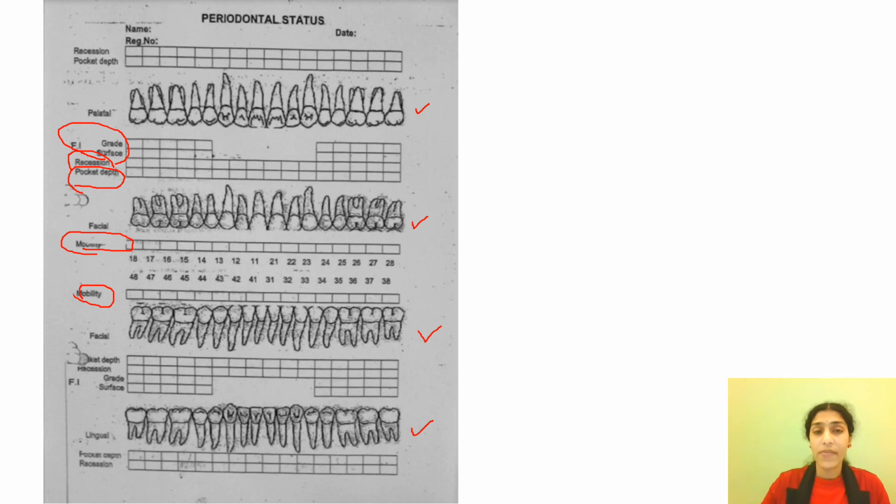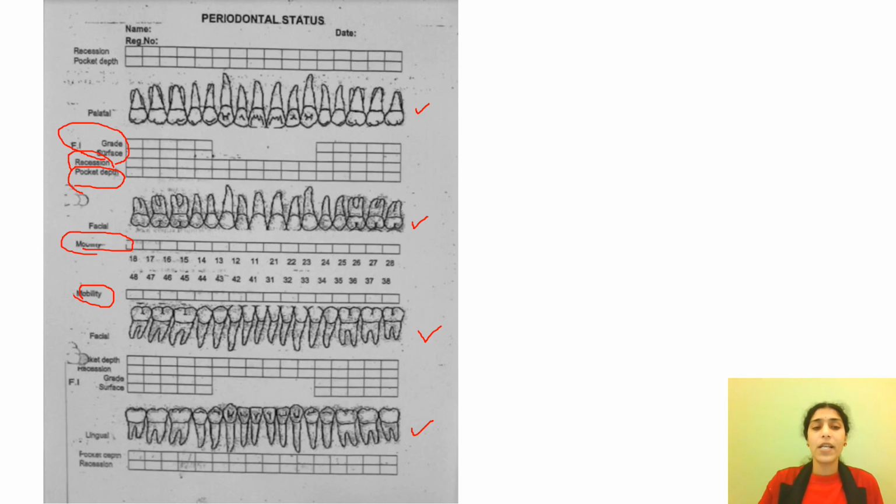So it is very important to have a clear-cut idea, because even when you do the root debridement, you don't know which teeth you have to treat, or which surface has the pocket. Once you do the periodontal charting, it will indicate it.